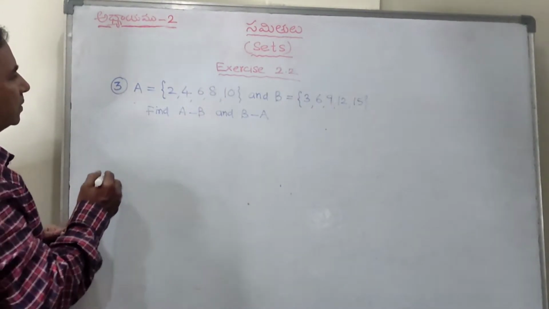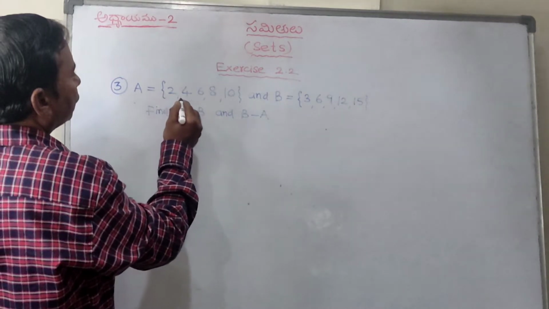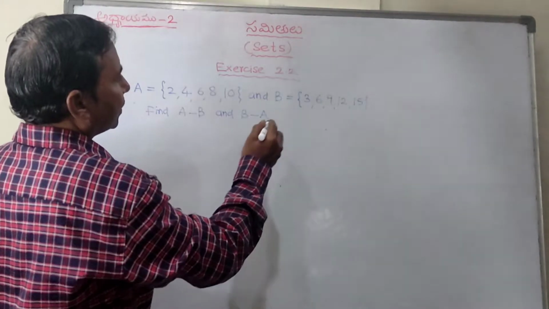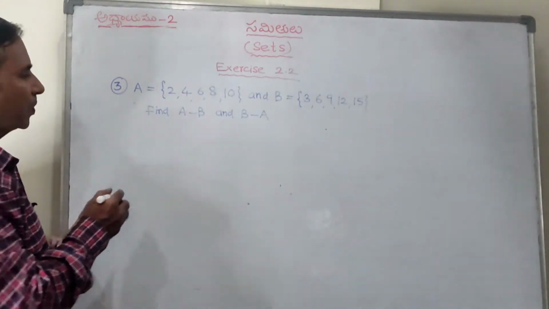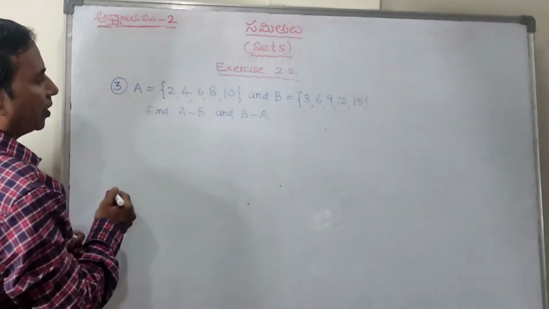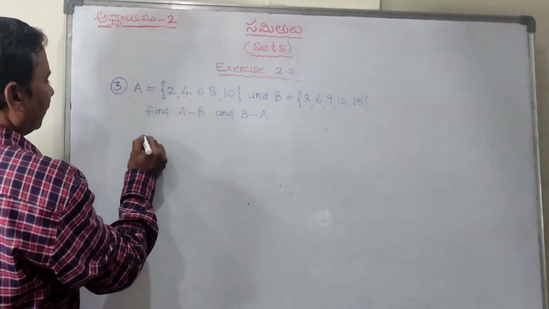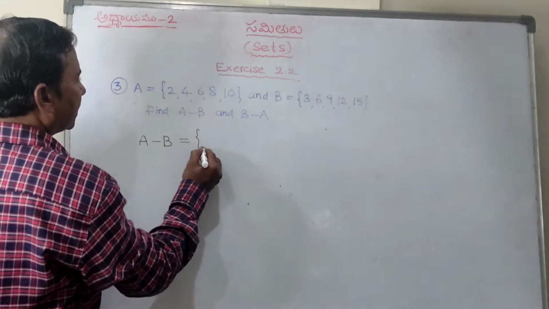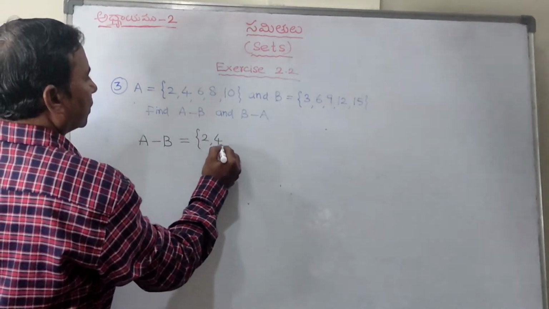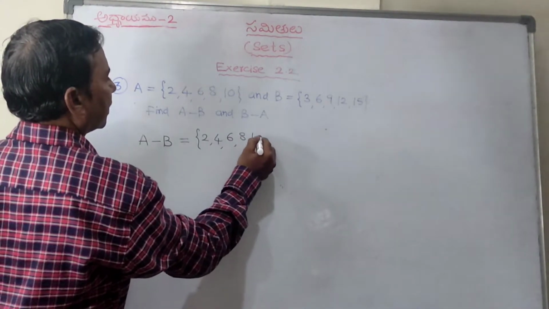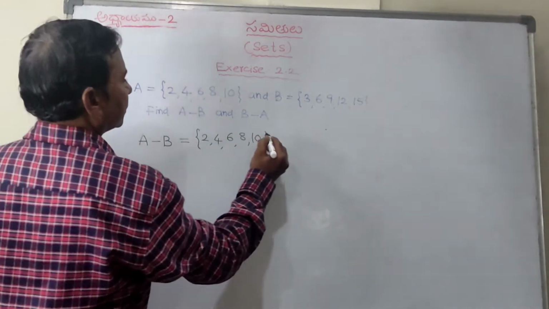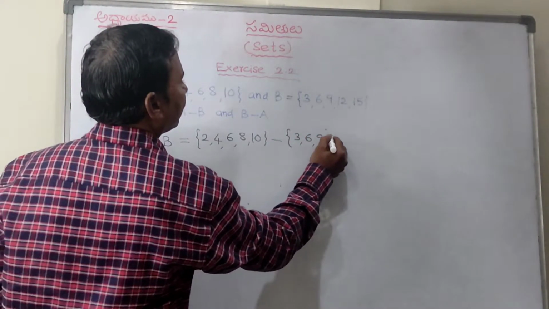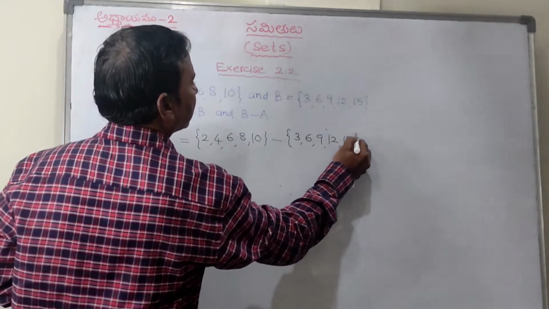Now the third bit. It is given that A equals {2, 4, 6, 8, 10} and B equals {3, 6, 9, 12, 15}. Now we are asked to find A minus B and B minus A. Let us find A minus B. What is the A set? 2, 4, 6, 8, 10, minus the B set, 3, 6, 9, 12, 15.